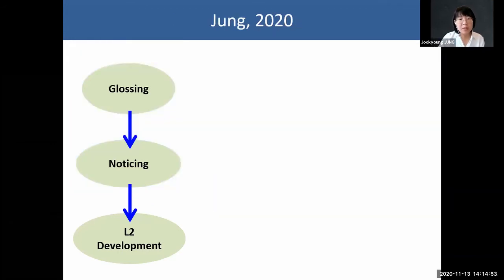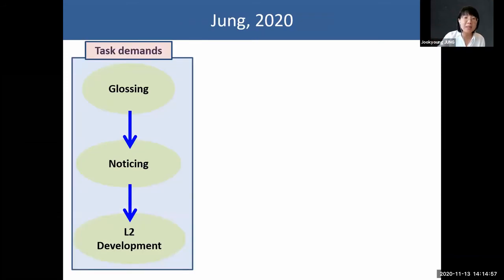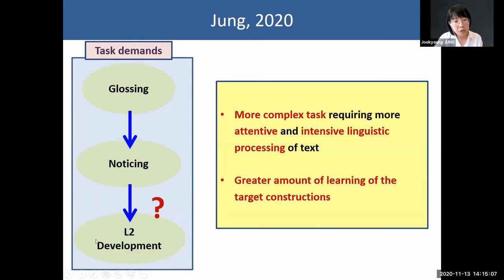And I also conducted another study because I was curious if the impact of task demands on noticing of the glossed constructions would also be found in the actual amount of L2 learning. So here, my question was about the impact of differing amounts of task demands on the impact of glossing on learning of the glossed constructions.